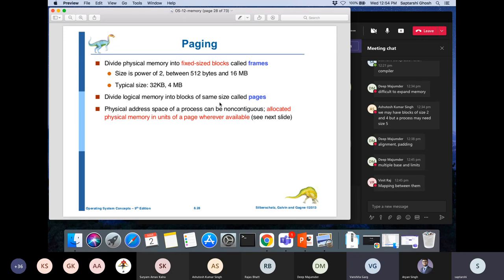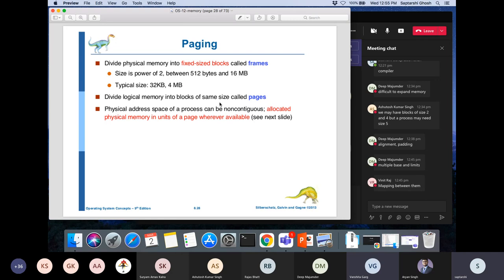So the physical memory is divided into fixed size blocks called frames. Usually the size of a frame is a power of 2. Say small frames can be 512 bytes, large frames 16 MB. But in a given machine, the whole memory is divided into fixed size frames. Typical sizes are 32 KB, 4 MB.